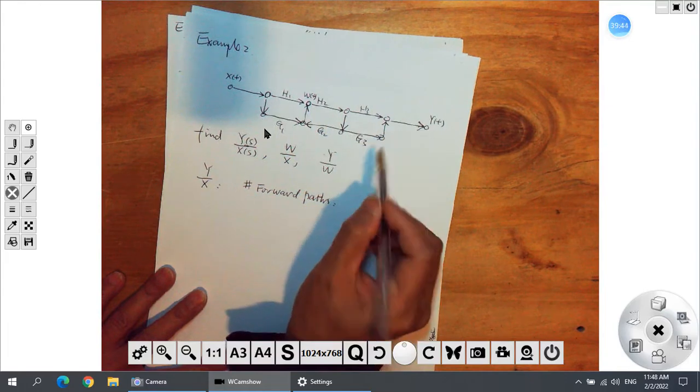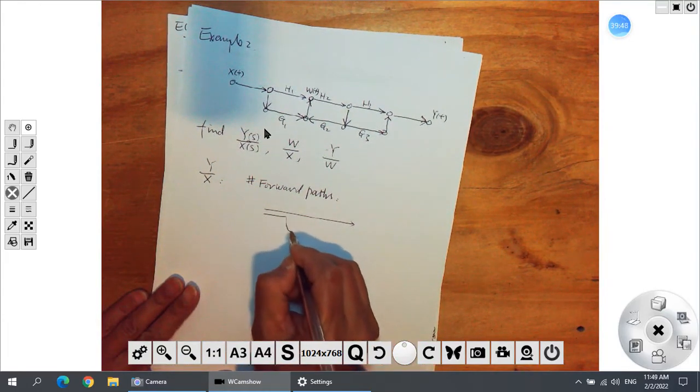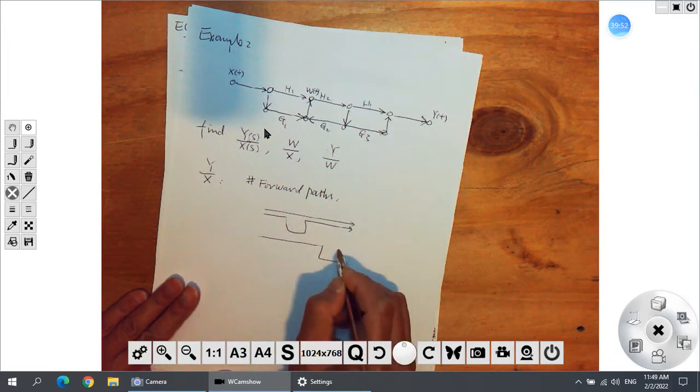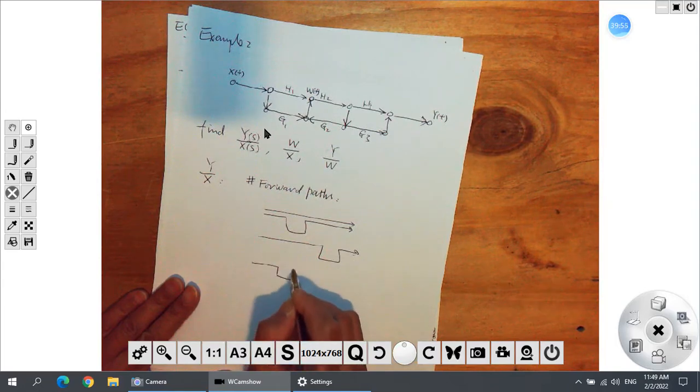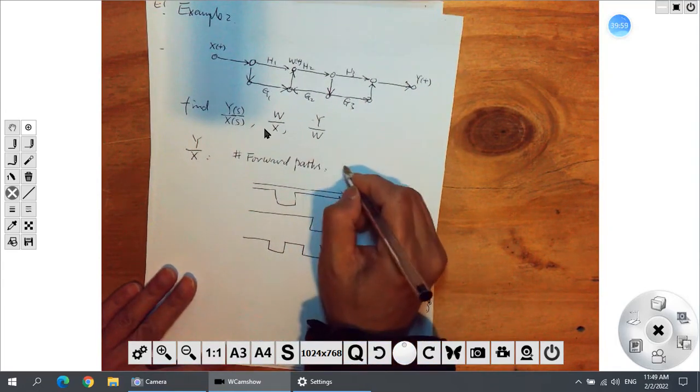So the paths will be: this is 1, this is 1, this is 1, and this is 1. So we have 4 paths.